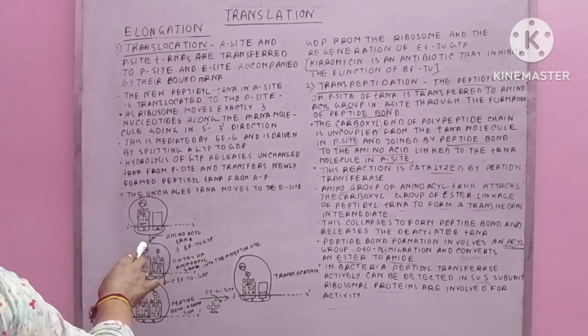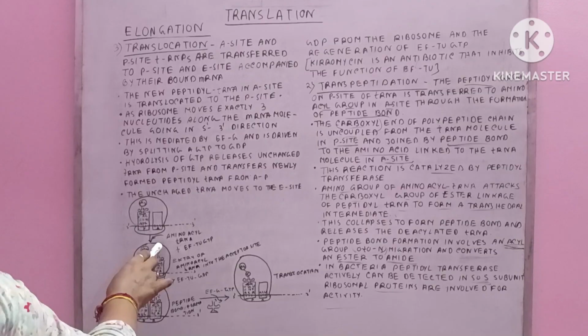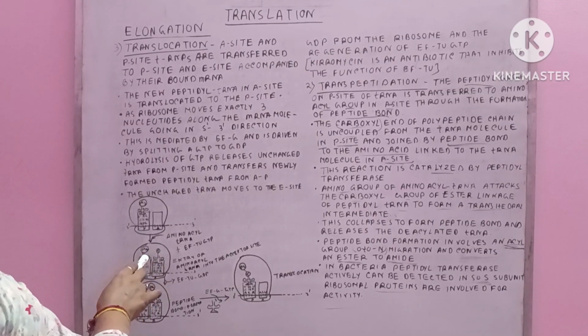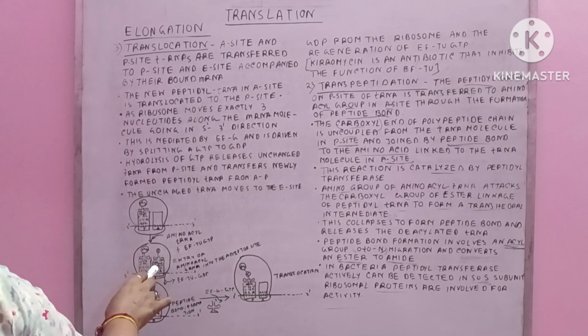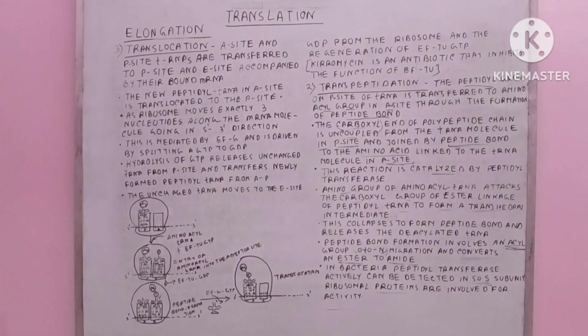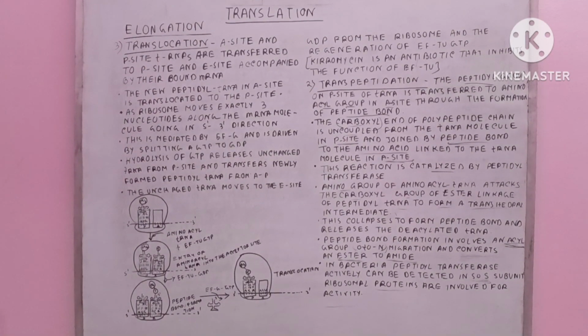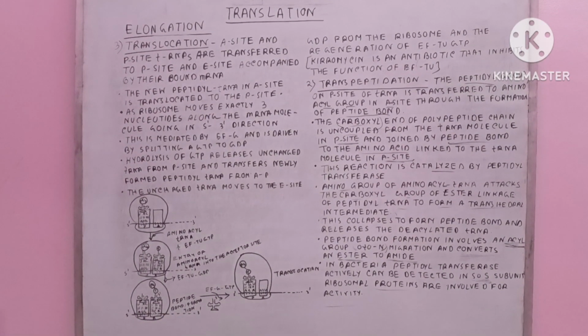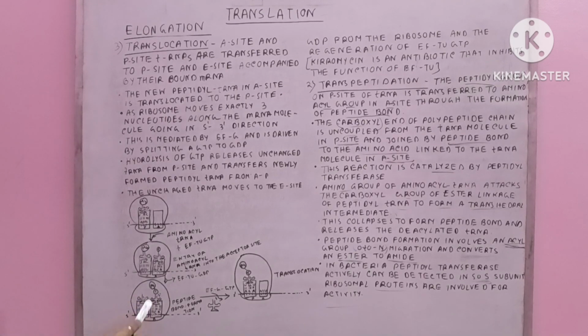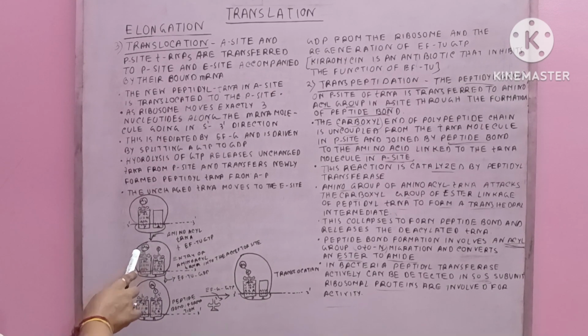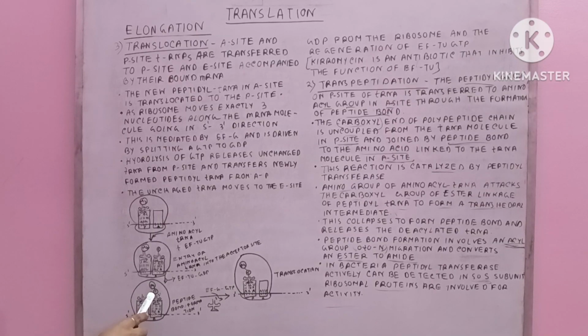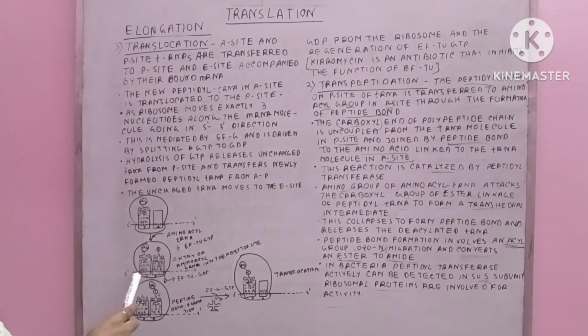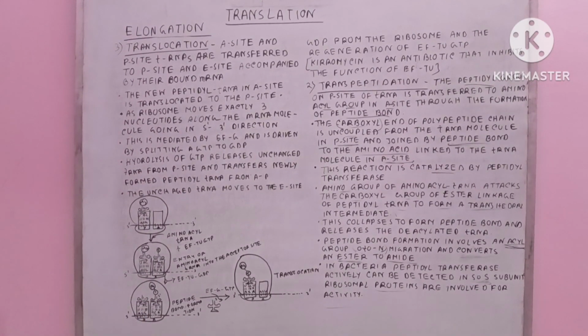In the third step, you can see that peptide bond formation is occurring. The F-mate that is already bound to the P site tRNA forms the peptide bond with the T and is bound with the T, okay. That means it is released from the tRNA and bound with the T.